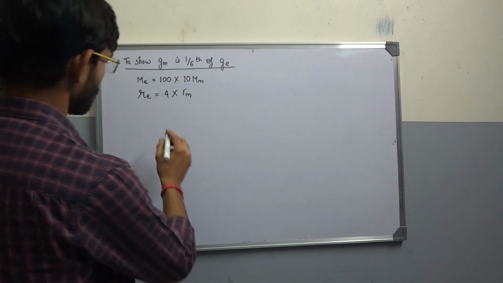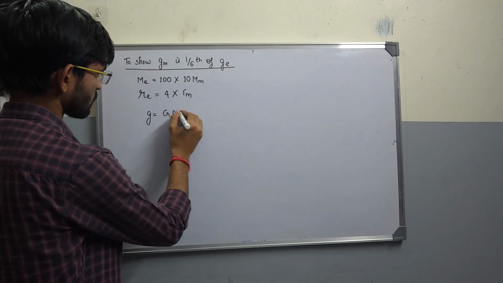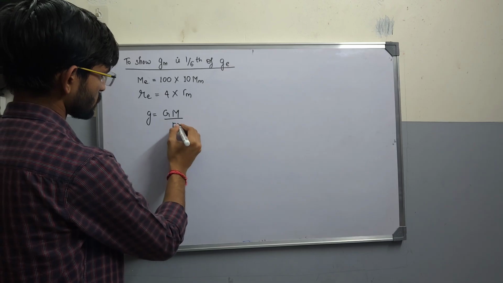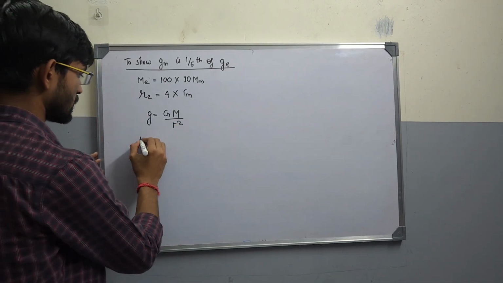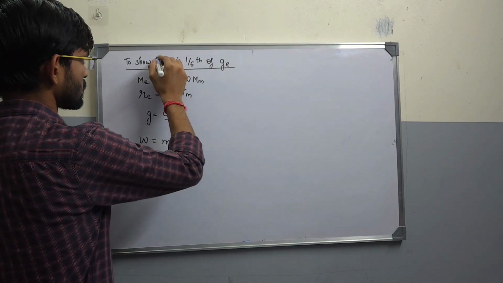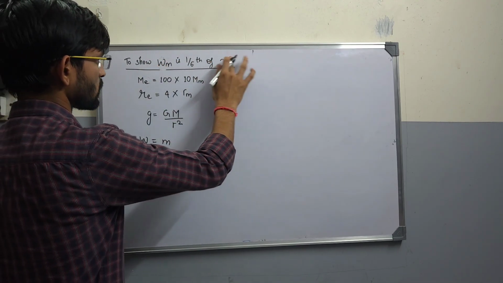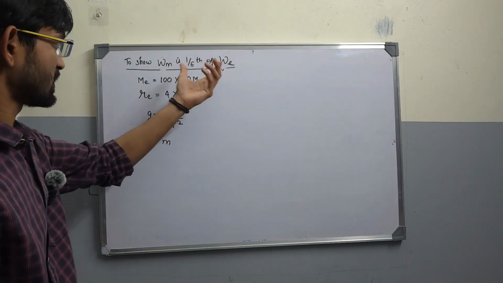As you know, g is written as G times mass of planet upon radius of planet squared. If I have to find weight on moon and weight on earth, these things will change or vary in a similar manner.